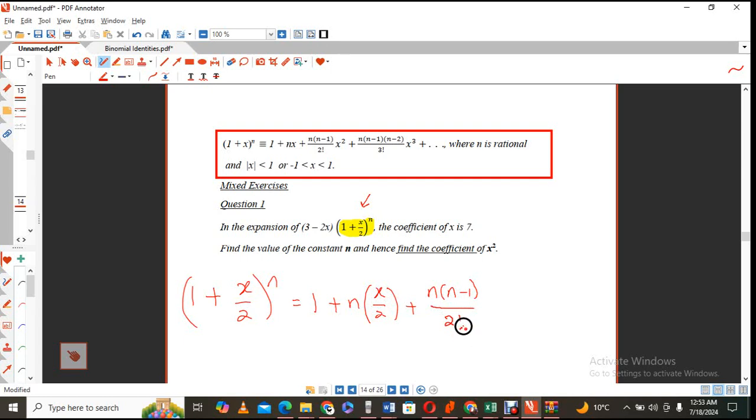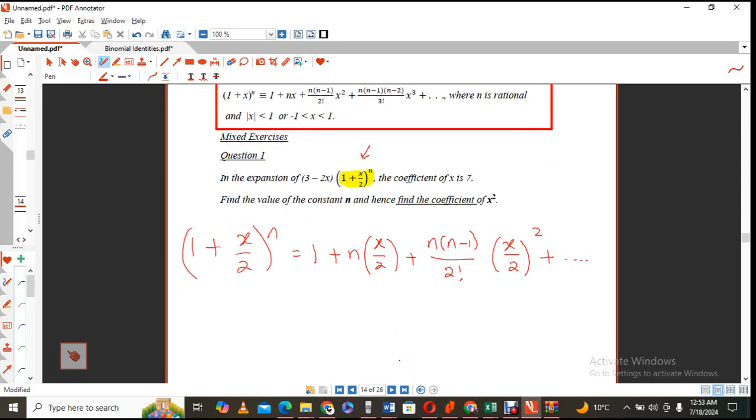Now 2 factorial is just 2, and now this is going to be x over 2 all squared, and so on. To be honest, it might not be necessary to go so far, because remember I said n choose 3, so I'm going to stop there. Okay, let's just clean this up.